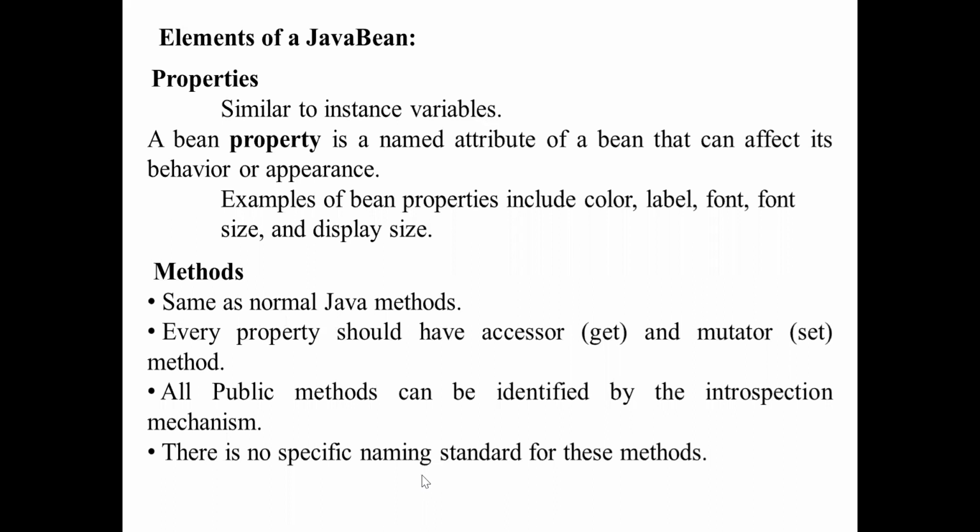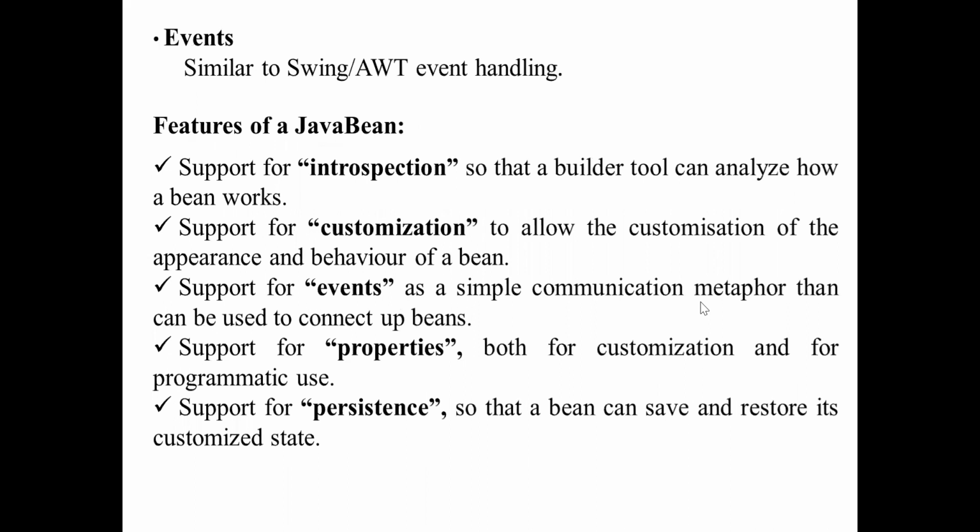And the fourth point, there is no specific naming standard for this type of methods. These are the methods you use to create the elements of a Java Bean. And the event is very similar to Swing or Abstract Window Toolkit event handling.